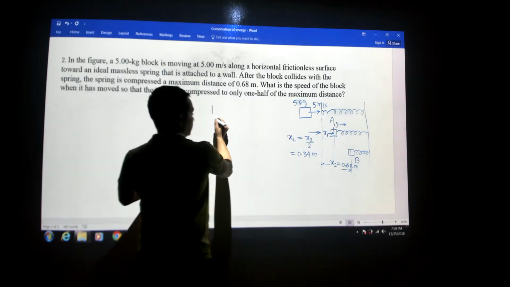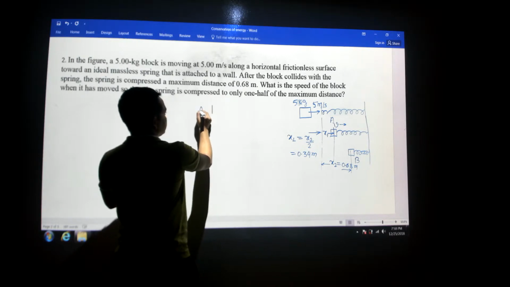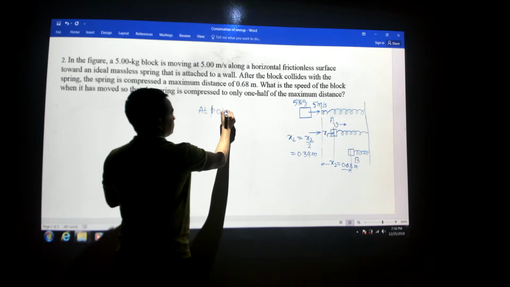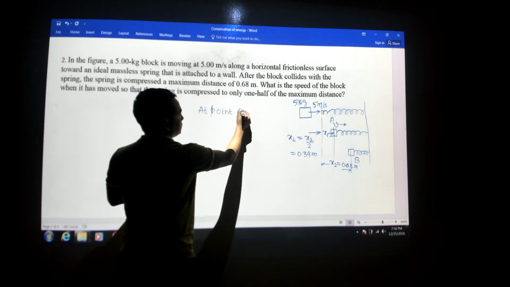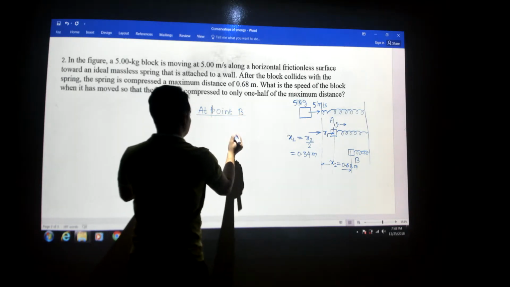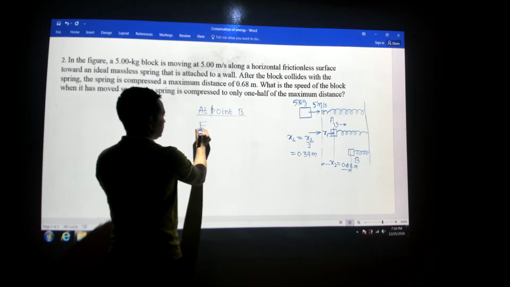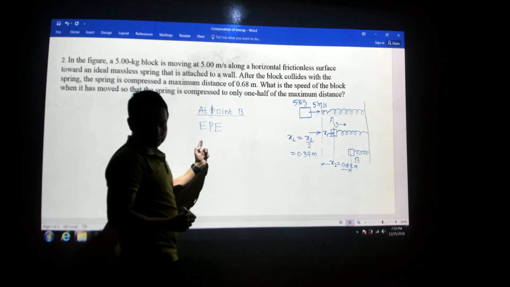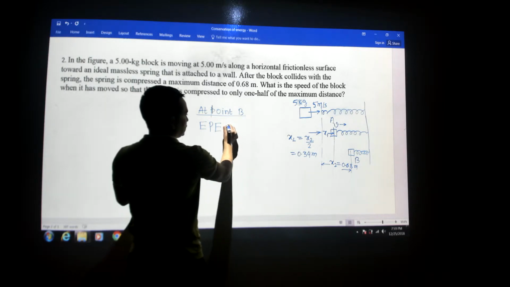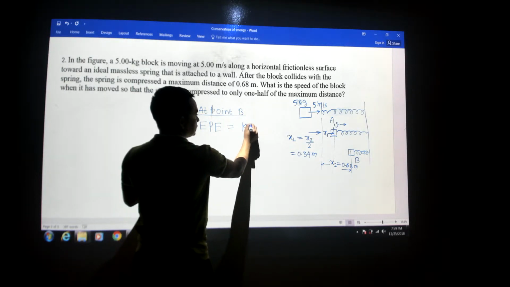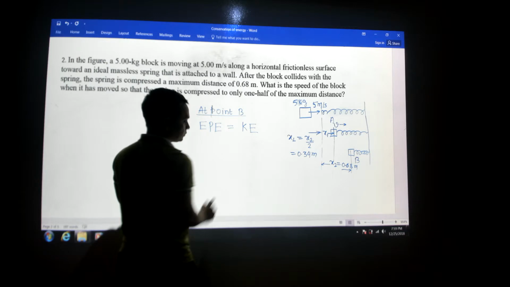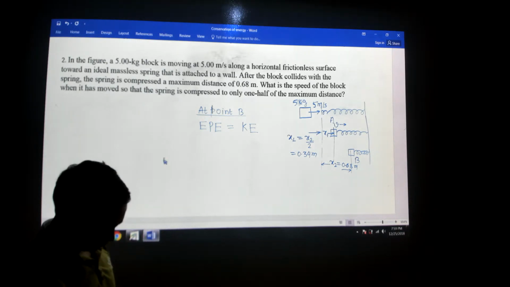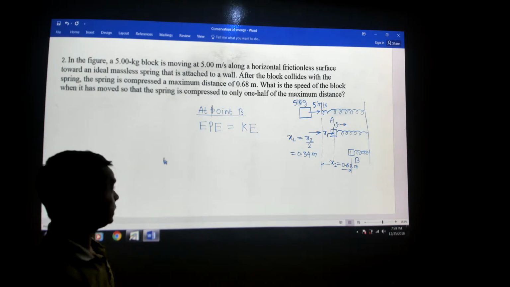So at point B, the elastic potential energy has to be equal to the kinetic energy.